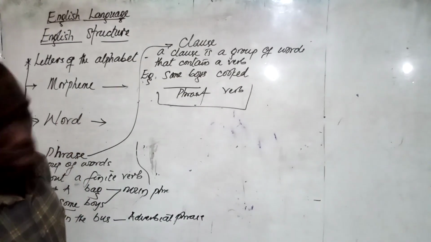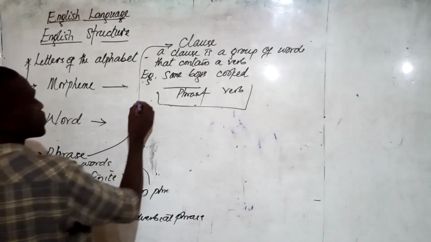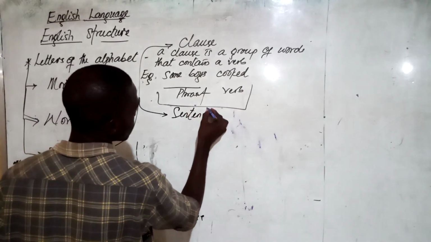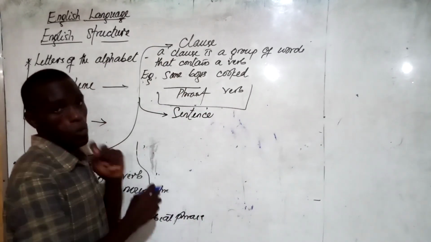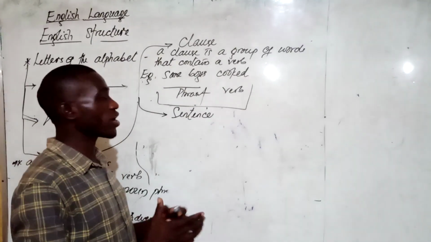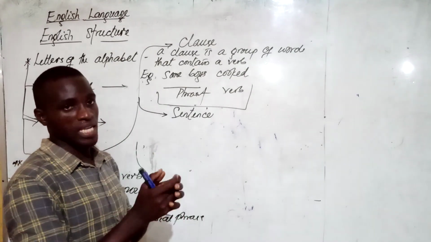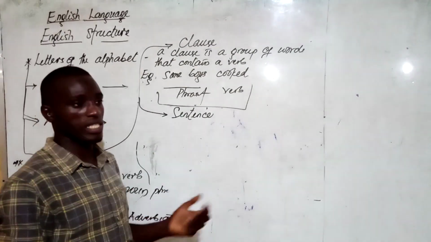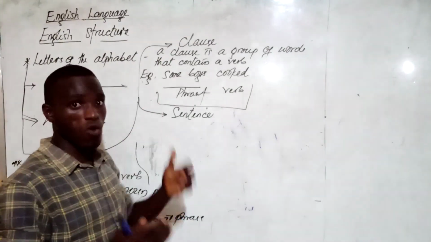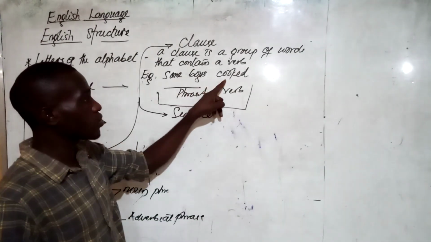All right, when clauses come together, they are going to form what is called a sentence. Now, a sentence is basically an aggregation of clauses that convey a complete meaning. And of course, there are different types of sentences. Clauses also work as sentences when they convey full ideas. For example, some boys cooked.